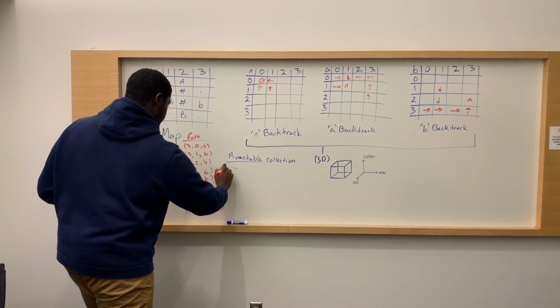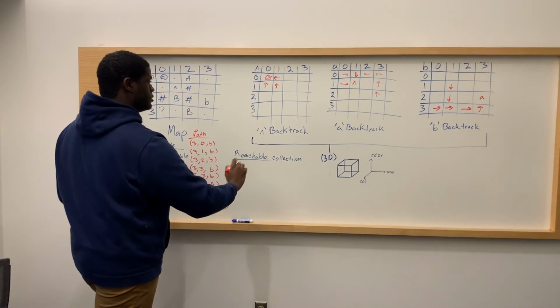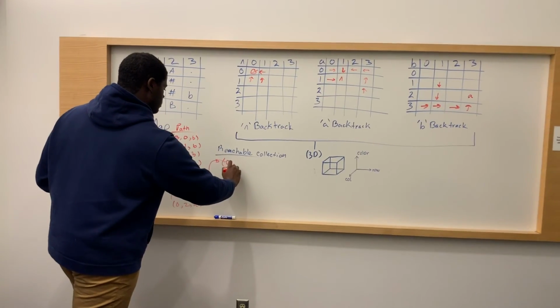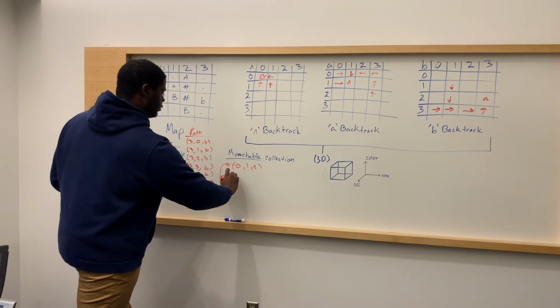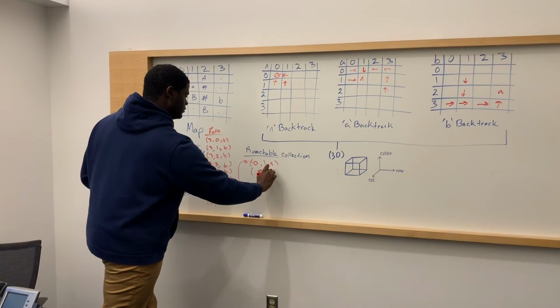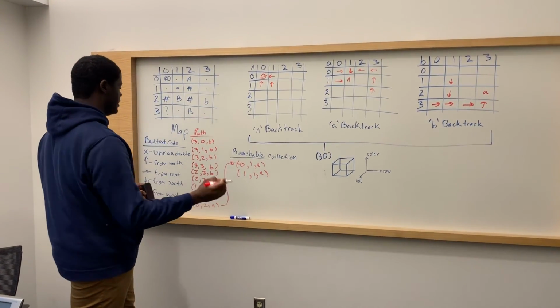All right, and then starting again, right, 0, 1. And then 1, 1, A. That's the A button.